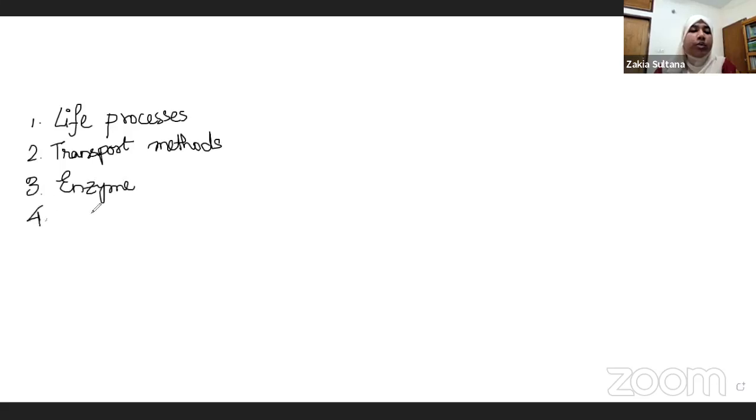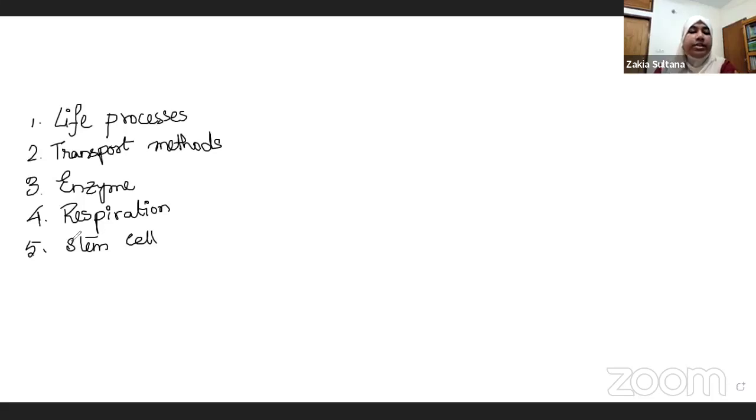We need to know about respiration, different types of respiration. Then we also need to know about stem cells a bit, not in very detail, but a bit. What I am following is the sequence given in your 9 to 1 textbook, so that will help you to follow the sessions as we continue doing it every Friday.